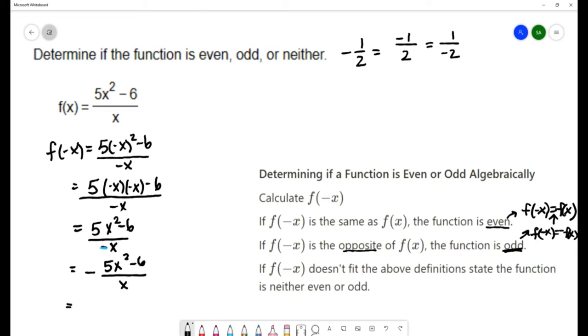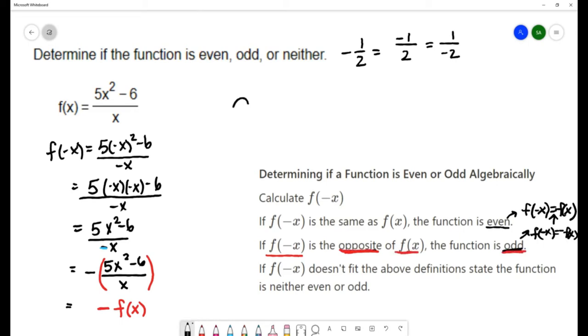And what we notice is that this portion, 5x squared minus 6 over x, is the original f of x. So we have the opposite of f of x. So if f of negative x, that calculation that we did, is the opposite of f of x, we know this function is odd.